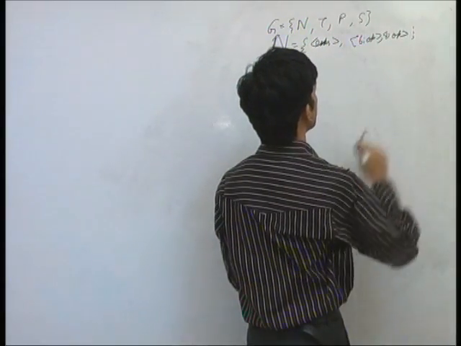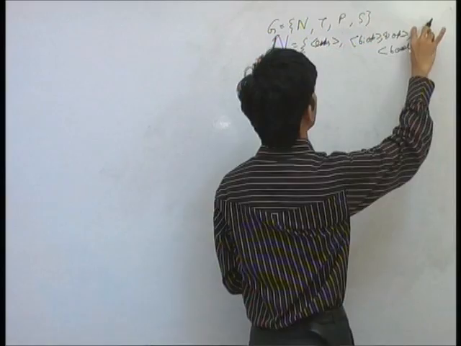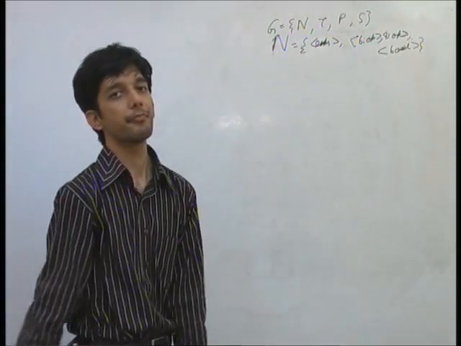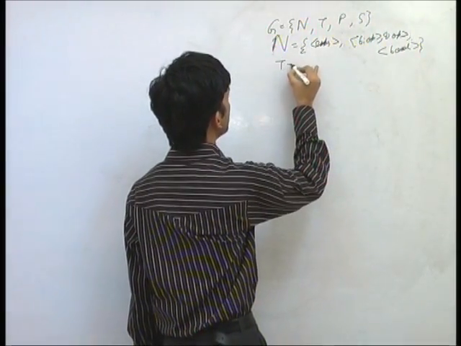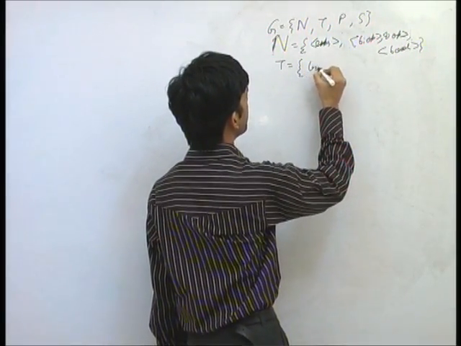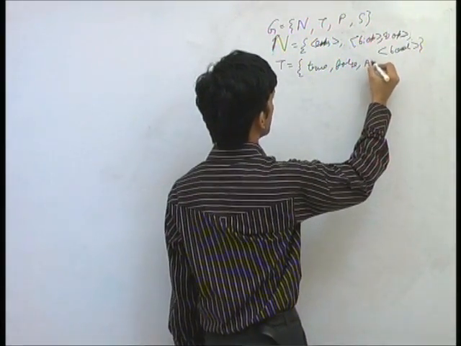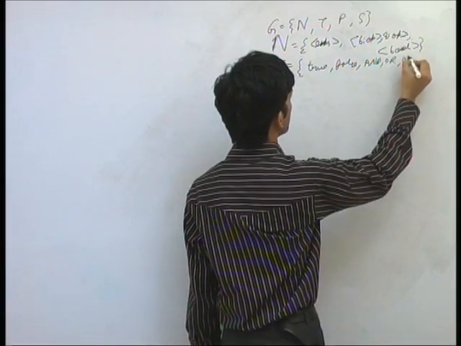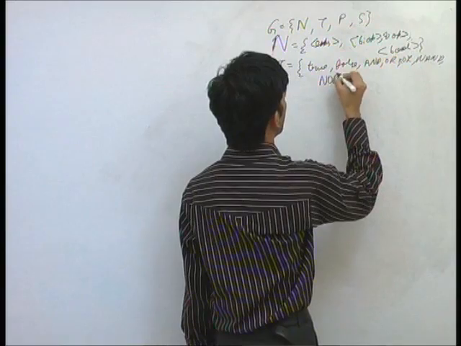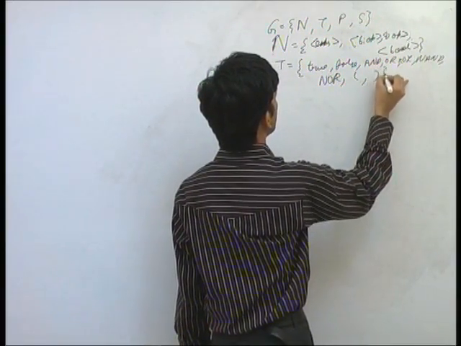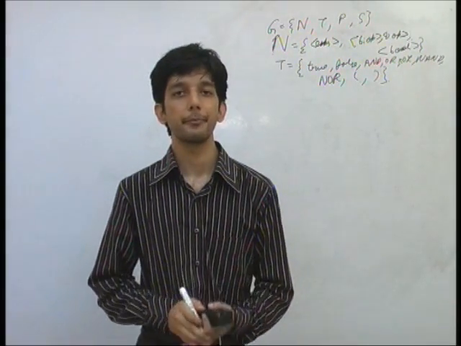I'll introduce another non-terminating symbol known as a Boolean value, or a bool. My terminating symbols are a true, a false, all the various operators, so that means an and, an or, a xor, a nand, a nor, a left bracket and a right bracket. These are my set of terminating symbols.